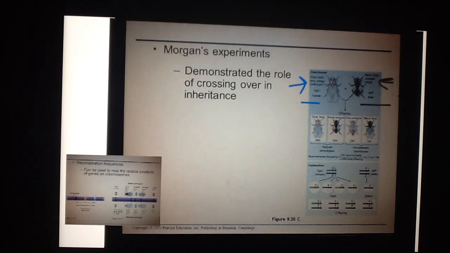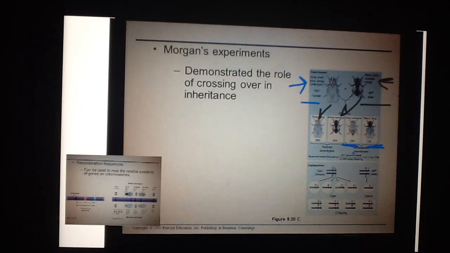He found offspring that were gray with long wings, just like mom. He found black with short wings, which is just like dad. But then he found some that were different. He found some that were gray with short wings and some that were black with long wings. And he said, wait a minute, how does this happen?